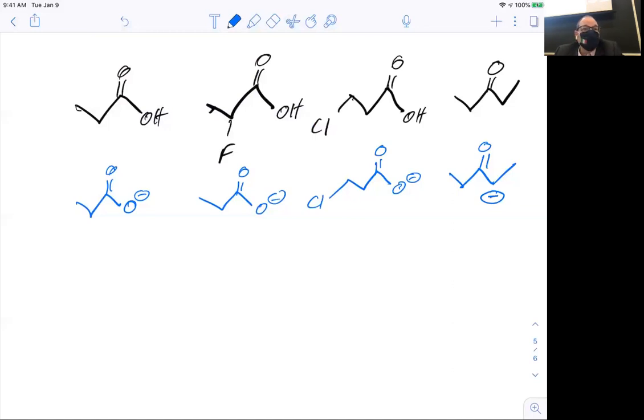Okay, so we end up with the set of conjugate bases. I'm going to go ahead and draw the resonance contributor for all of these, since they all have a resonance contributor.